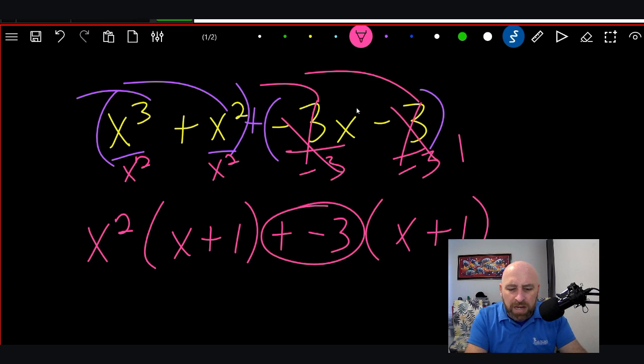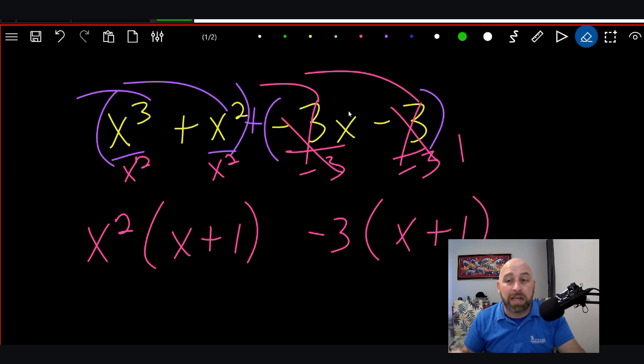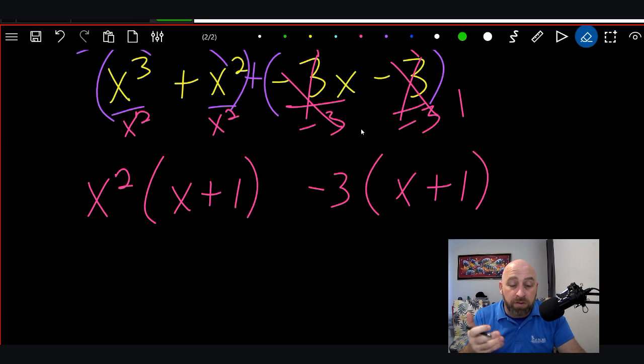Well, what's going on right here? Well, now that we brought that negative sign out, what does it mean when we have a positive negative right next to each other? All right, it means subtract. It means negative, so we can just kind of eliminate that plus sign. I told you it was important, and it is, but then it cancels, so it's kind of not important at the same time. But it is important that you understand that concept, that you're adding those two things together.